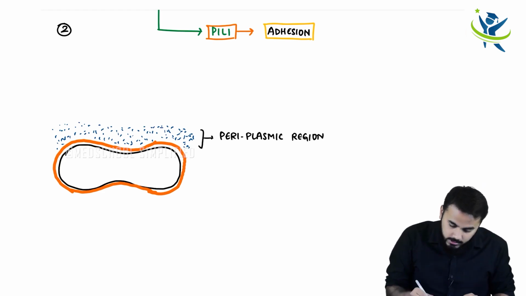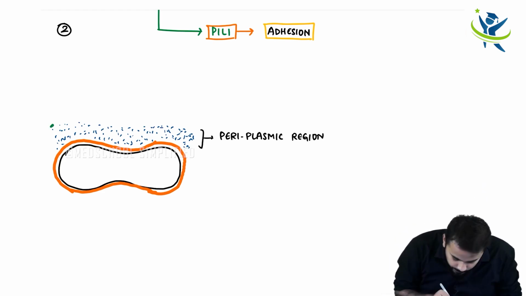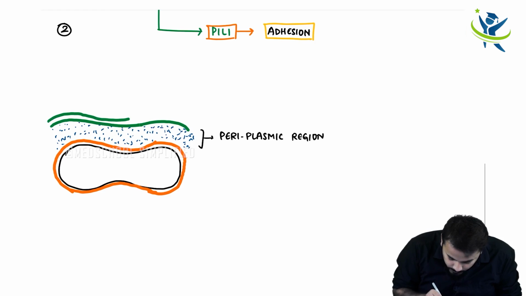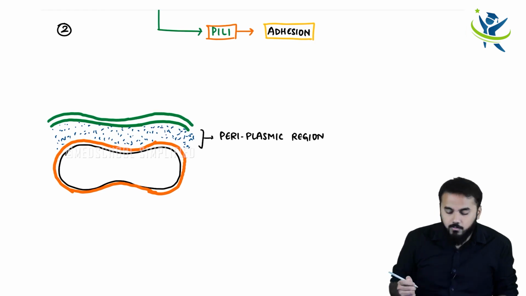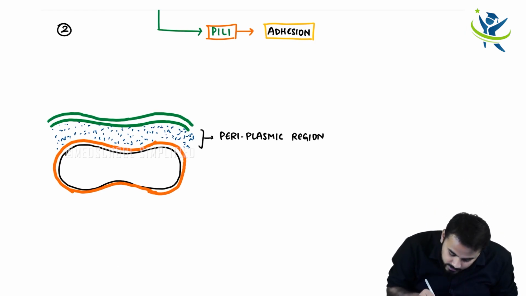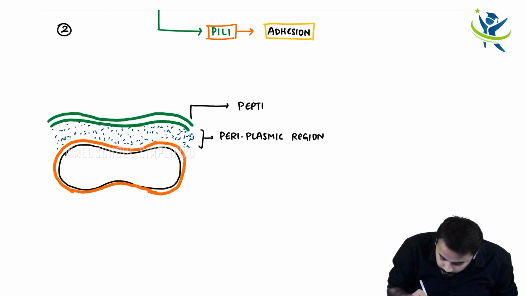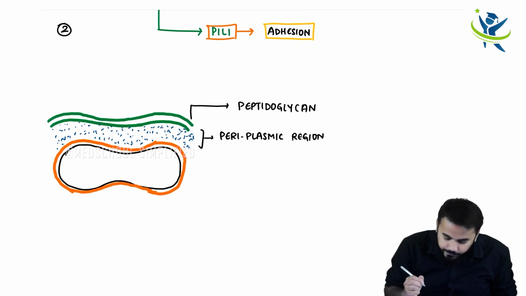Okay. Now, surrounding this periplasmic region, you have got one more structure, guys. What is that structure? You see this? Surrounding the periplasmic region, you have one more structure, and the name of this structure is peptidoglycan. Okay.